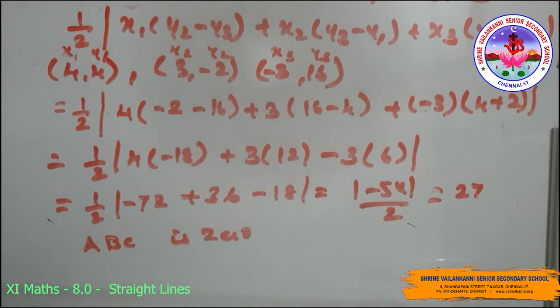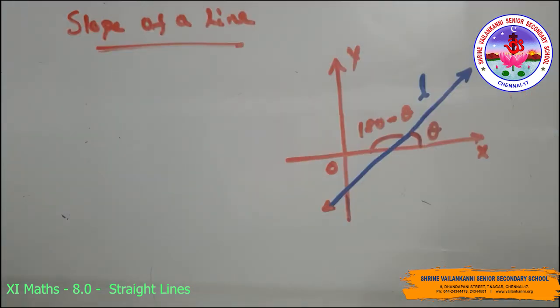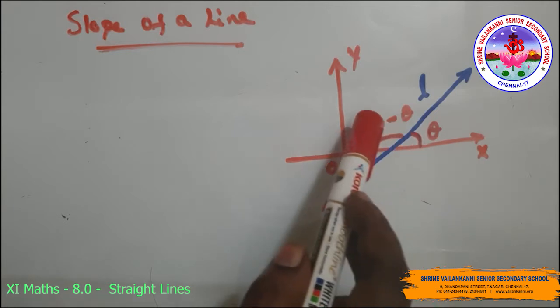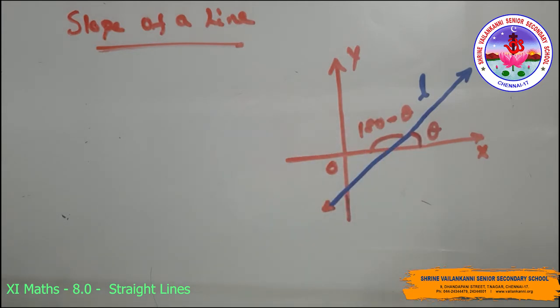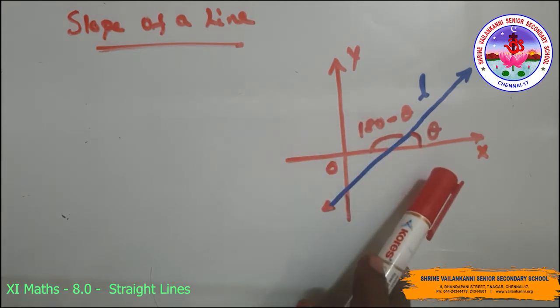In this chapter, we shall continue the study of coordinate geometry to study properties of the simplest geometric figure, which are straight lines. The most essential part in a straight line is slope. Slope of a line. A line in a coordinate plane forms two angles with the x-axis which are supplementary.